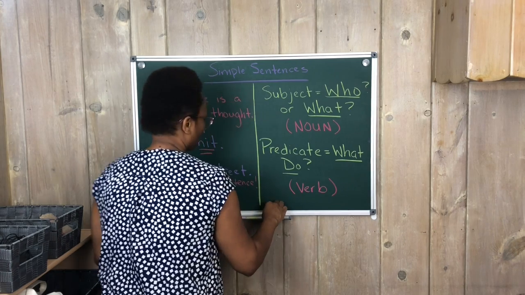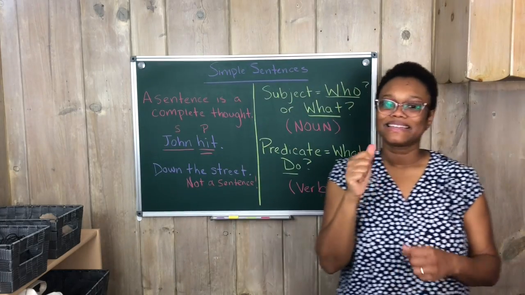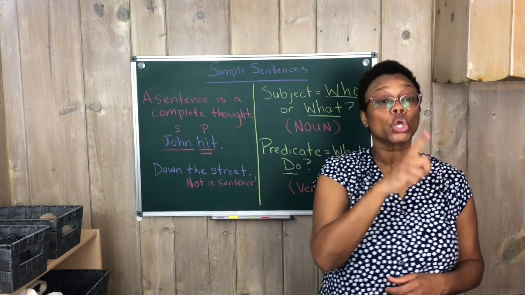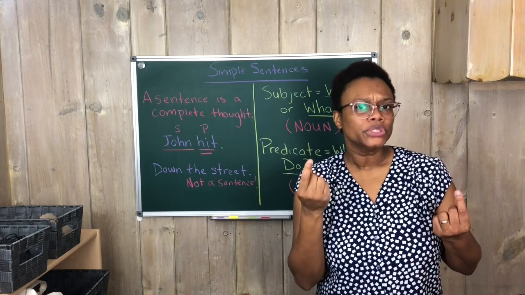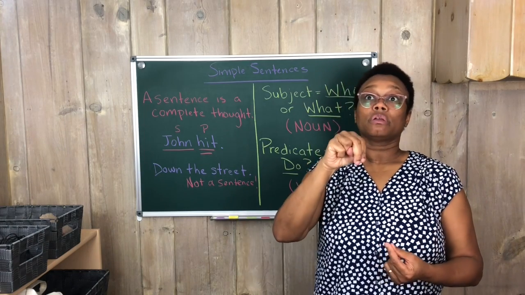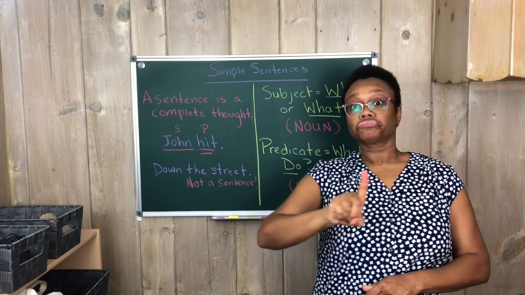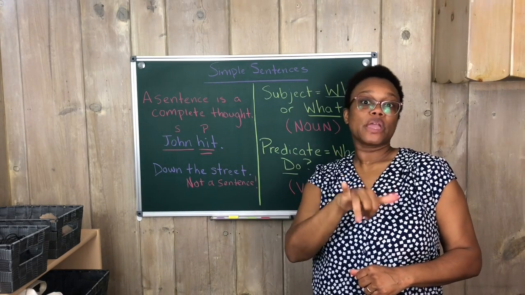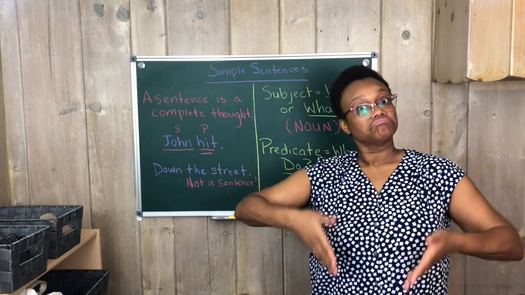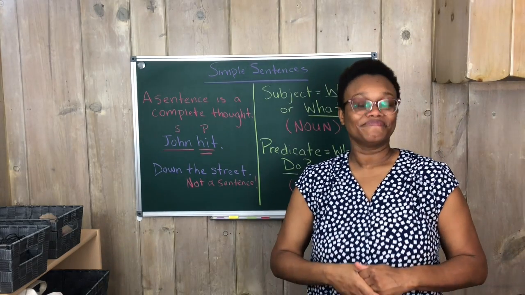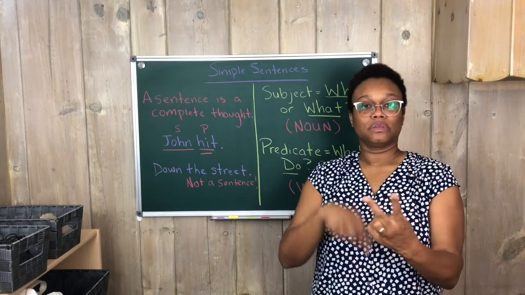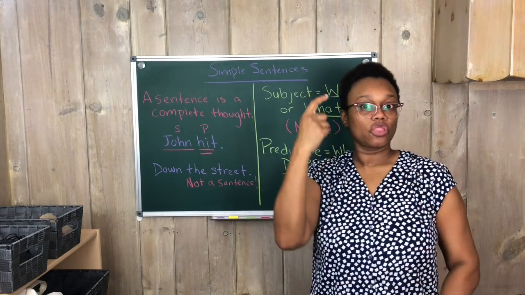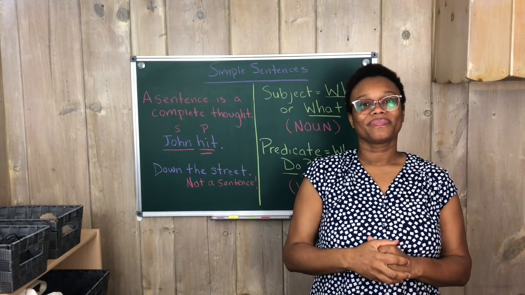So down the street is not a sentence. It's missing who and what they're doing. So if I said John walks down the street, that would be a sentence. Or Mary jumps down the street, that would be a sentence. So it needs to have both to be a complete thought.